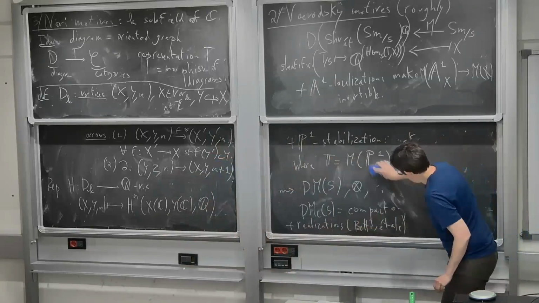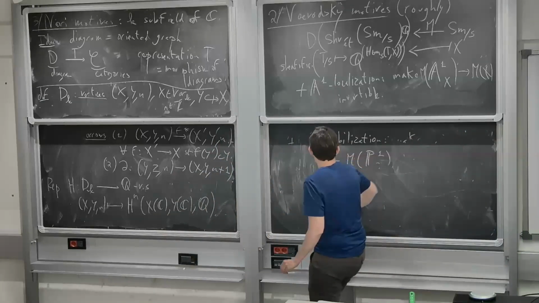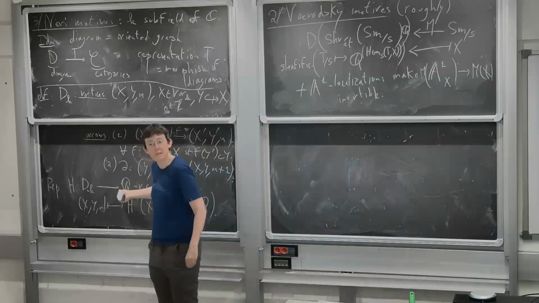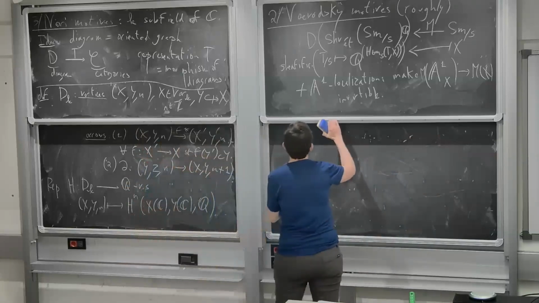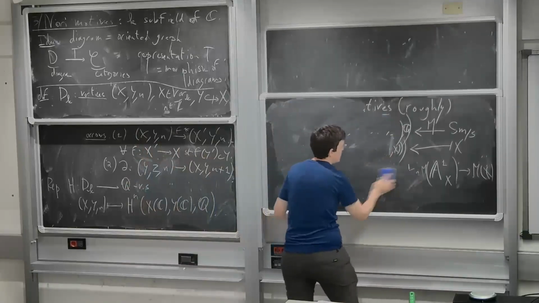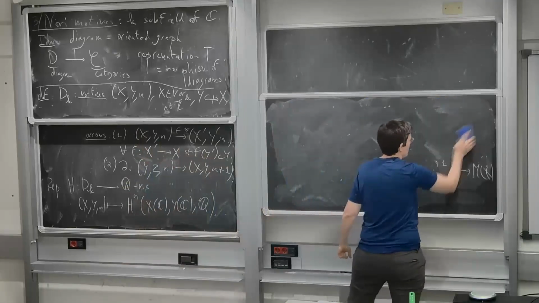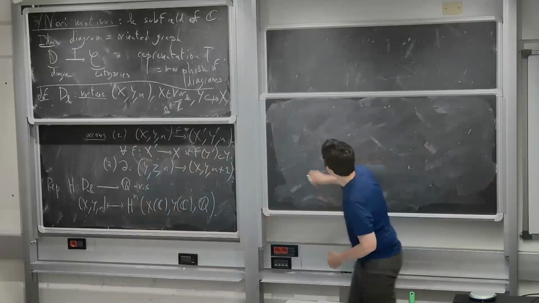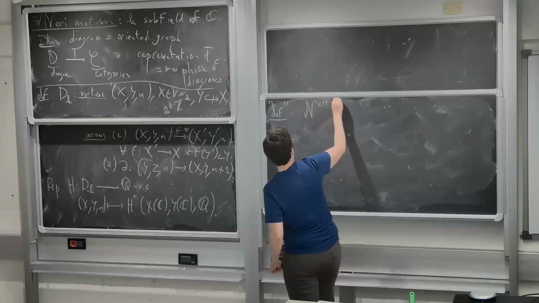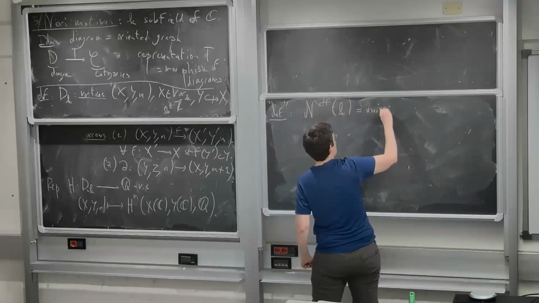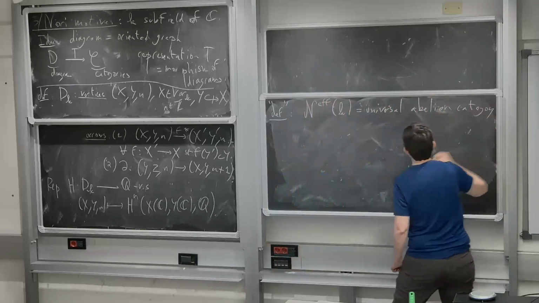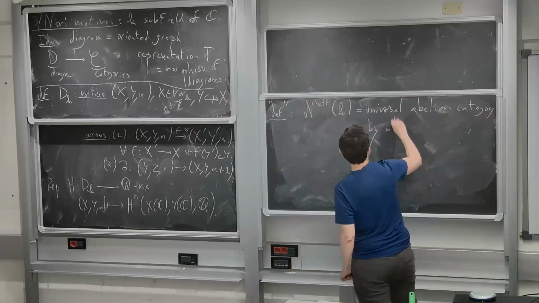And then Nori says the category of Nori motives is going to be the universal abelian category through which this functor factors. Actually, it's the category of effective Nori motives.